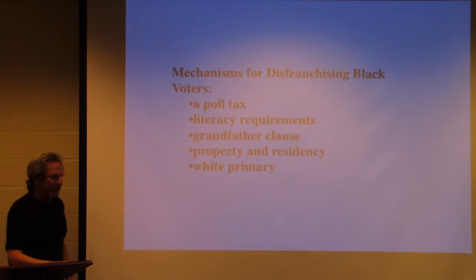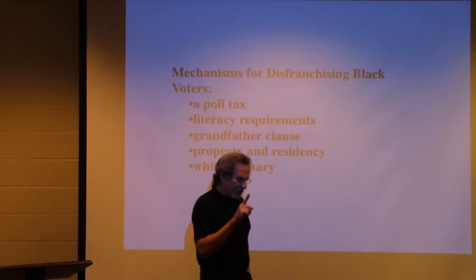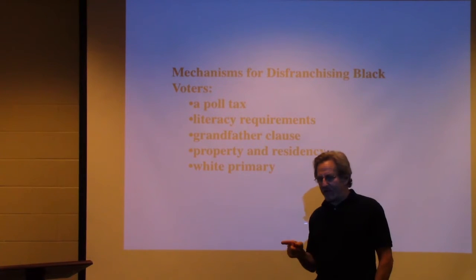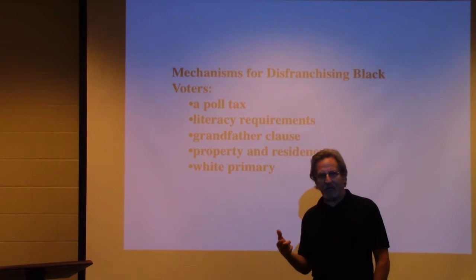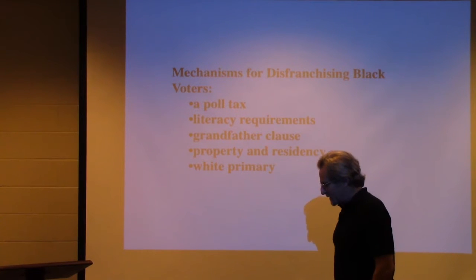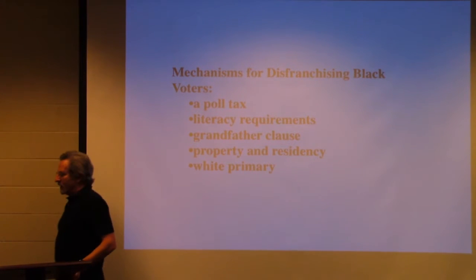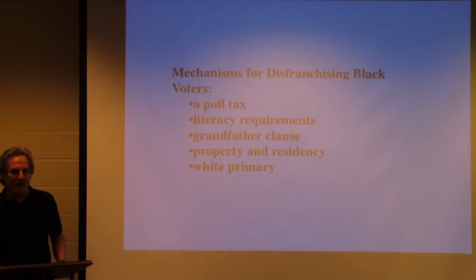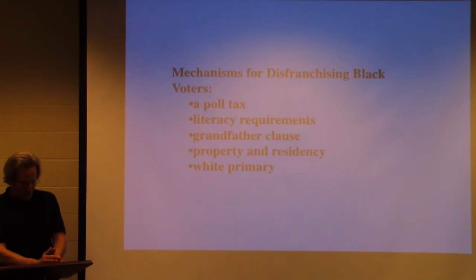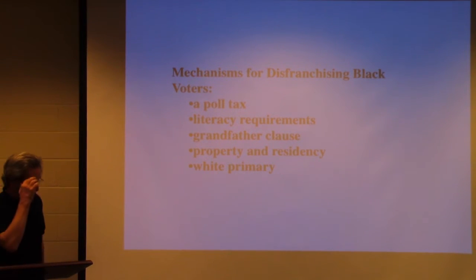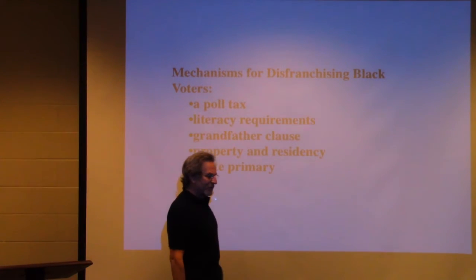The 15th Amendment to the Constitution says the government can't prevent a person from voting on account of the color of his skin. The 15th Amendment does not say anything about the Democratic Party. It doesn't say anything about the membership of the Democratic Party. And following the close of the Civil War, the Republicans were the party of the victorious North, and the Democrats were the party of the defeated South.